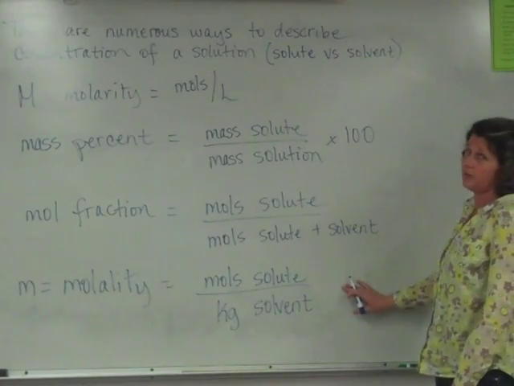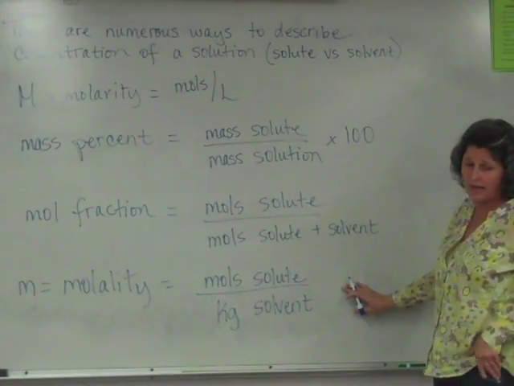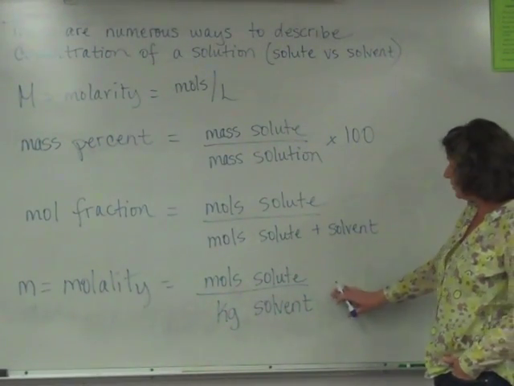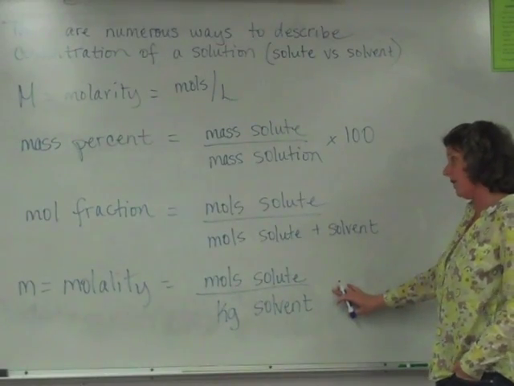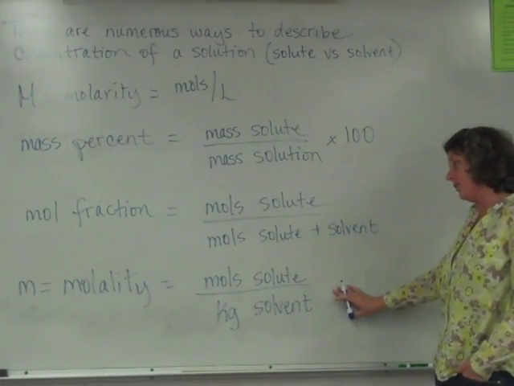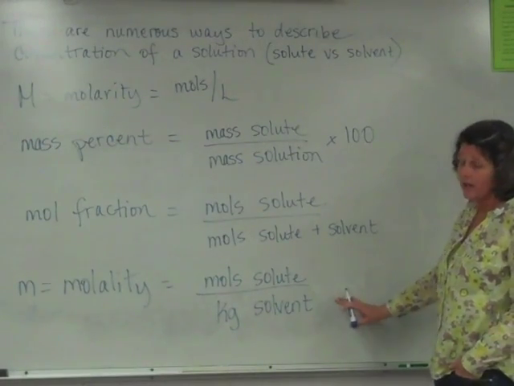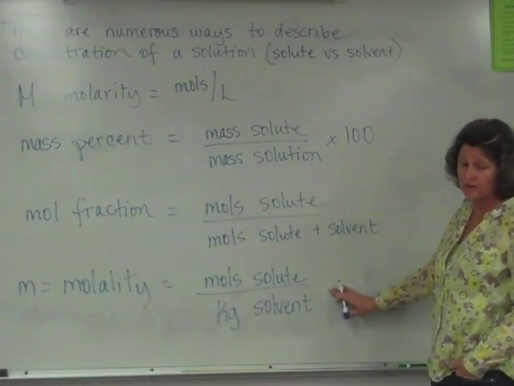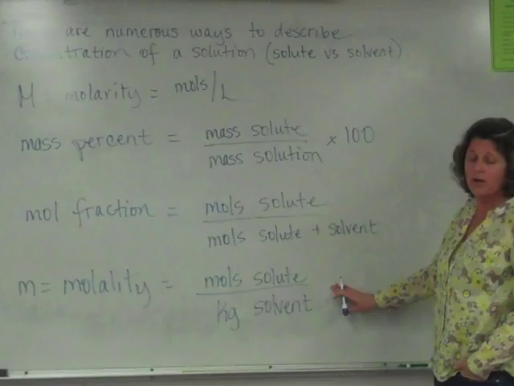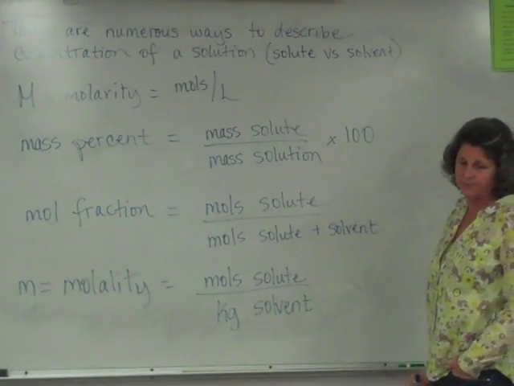This one we will use, and there's a good possibility that you would see this one on the AP exam. I'll show you your equation sheet, and on the equation sheet there is actually the formula for this. So there's molality.